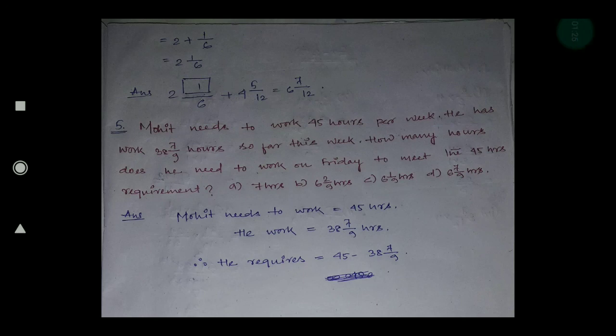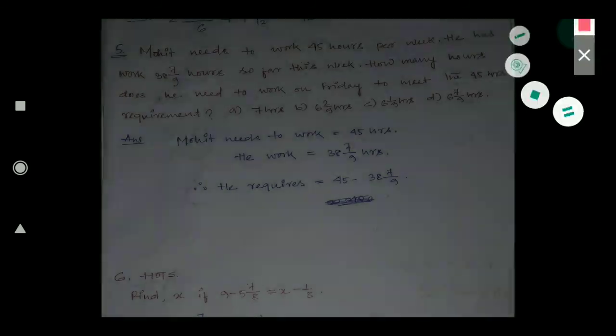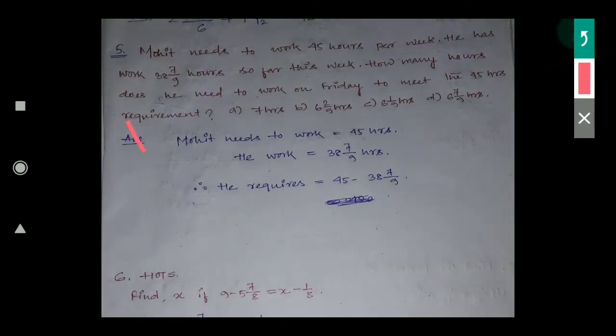Now see question number 5. Mohit needs to work 45 hours per week. He has worked 38 7 by 9 hours so far this week. How many hours does he need to work on Friday to meet the 45 hours requirement? So in this question it is given, in 1 week Mohit needs to work how much? 45 hours total.